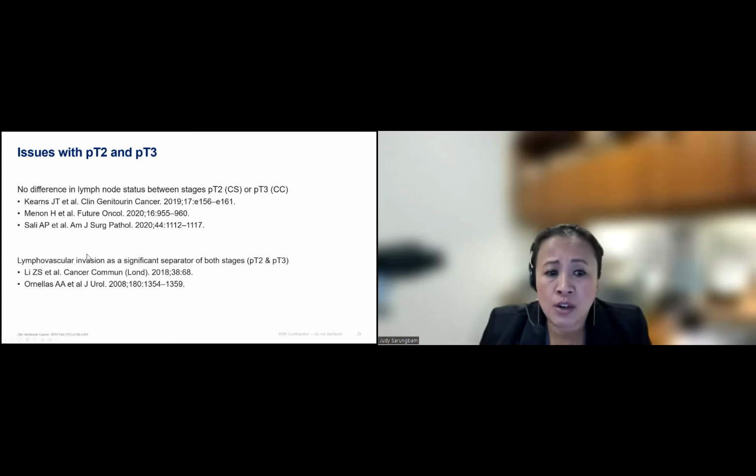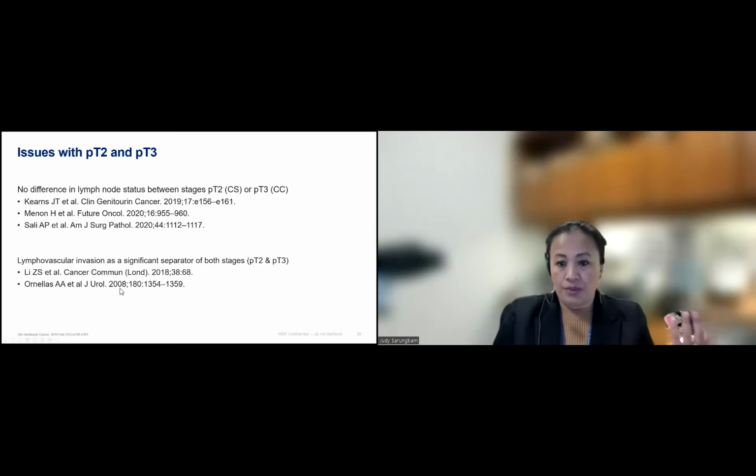Also, lymphovascular invasion has been shown to be a significant separator of PT2 and PT3. These are the studies which have shown lymphovascular invasion for this separation.